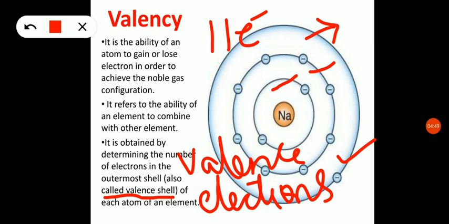So this valence electron will combine with another element. One atom will combine with the same atom or with an atom of a different element, either by gaining electrons or by losing electrons. This combining capacity is known as valency.